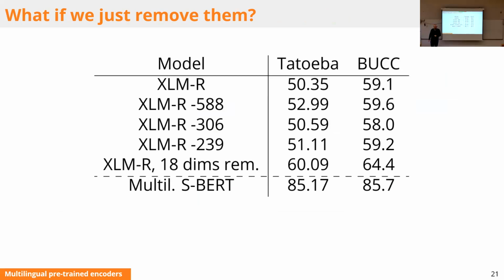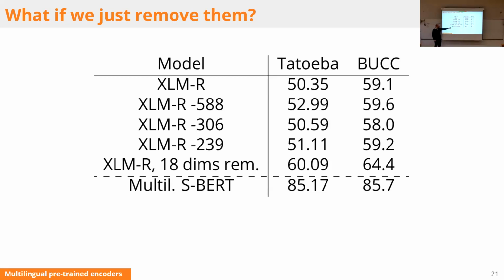And if you look at the performance on sentence representation, if you start with vanilla XLM-R and remove the greatest outliers, you can see that every time you remove an outlier, the cross-lingual sentence retrieval accuracy improves.